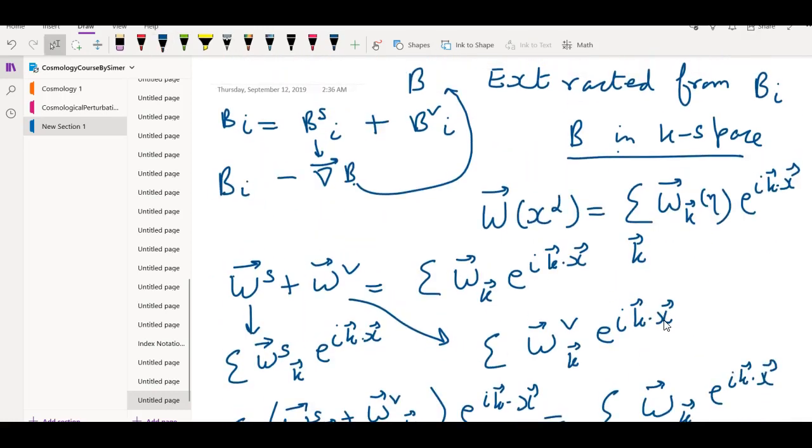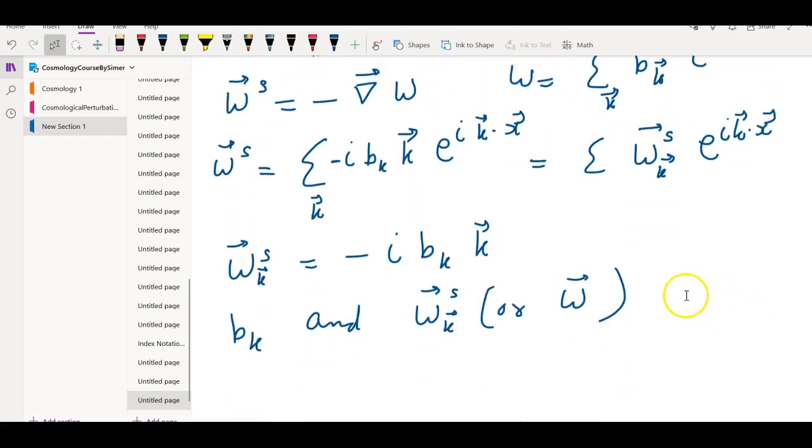So you see that we started with W is equal to this. So this W and this W_s, they have the same dimension, and W_s and W_s k also have the same dimensions.